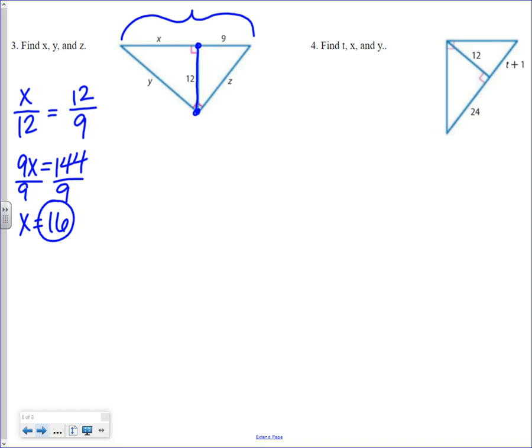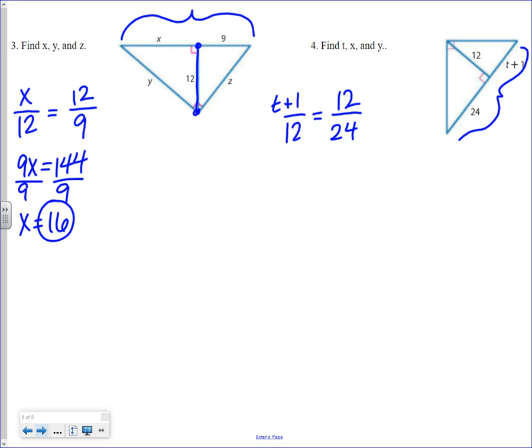Let's keep going. Number 4. What is the altitude of the biggest triangle? So that has to be the geometric mean between the two pieces of the biggest hypotenuse. What would those two pieces be? Wonderful. Please don't be scared off by that t plus 1.